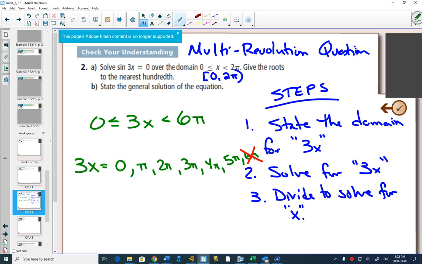Divide by 3. So if 3x equals 0, then x is equal to 0. If 3x equals pi, then dividing by 3, you would get pi over 3. Divide by 3, 2 pi over 3. Divide by 3, 3 pi over 3, which is just pi. 4 pi over 3. And 5 pi over 3.